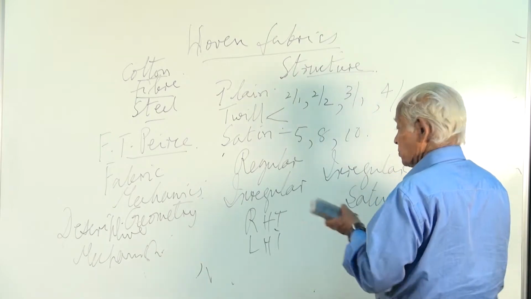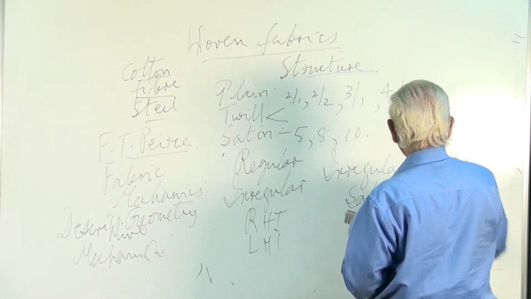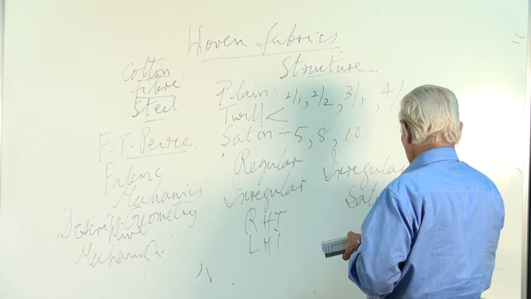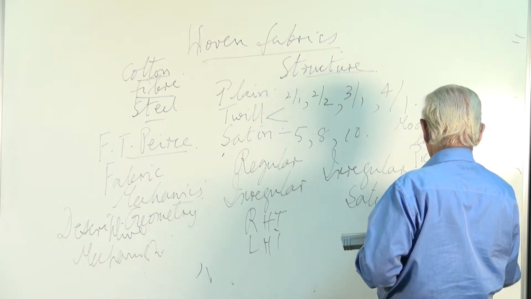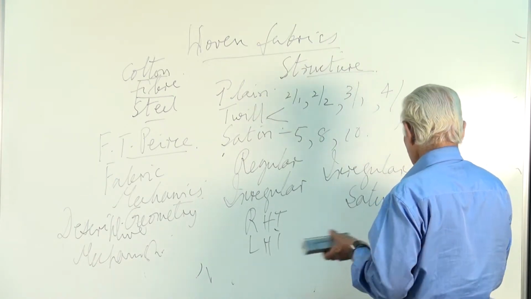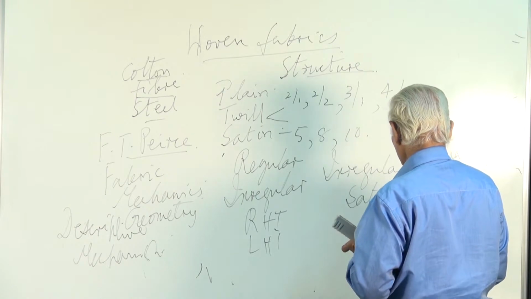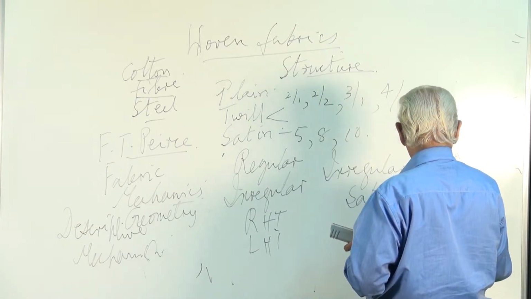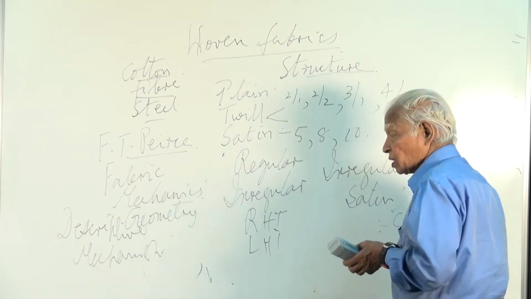So in the descriptive model, we have the relationship between most of these parameters. C is equal to L minus P divided by P. I mean a general formula where percentage crimp is C, L is a modular length, P is a pick spacing.